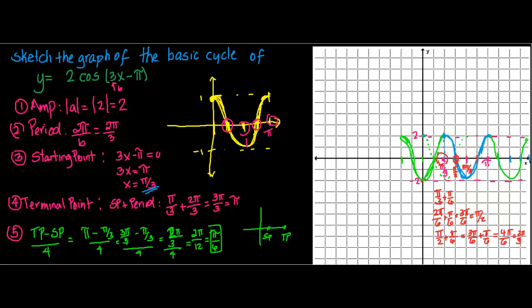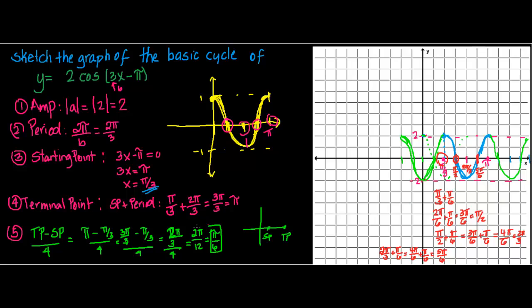If I want to know this x coordinate, I would take 2 pi thirds and add pi over 6. That's the same thing as 4 pi over 6 plus pi over 6. I shouldn't have reduced it. That equals 5 pi over 6. So this coordinate here would be 5 pi over 6. And from 5 pi over 6 to pi, if I add pi over 6 again, I would get 6 pi over 6, which is pi.